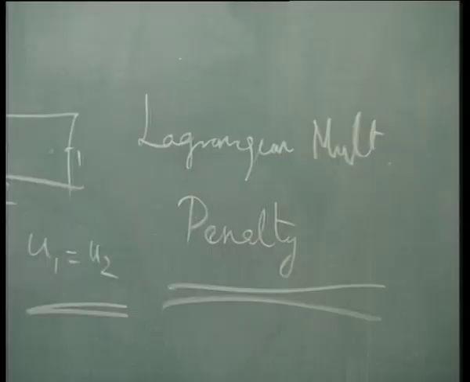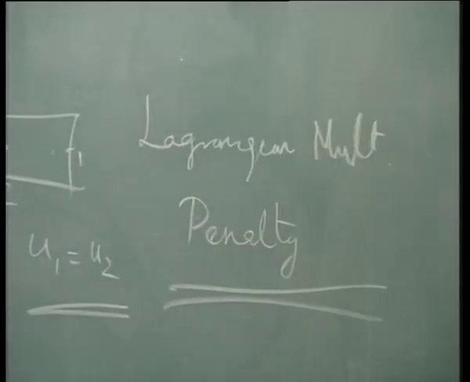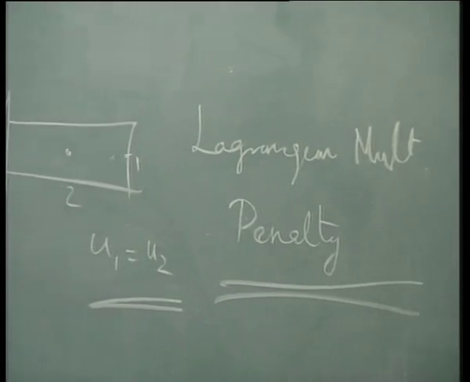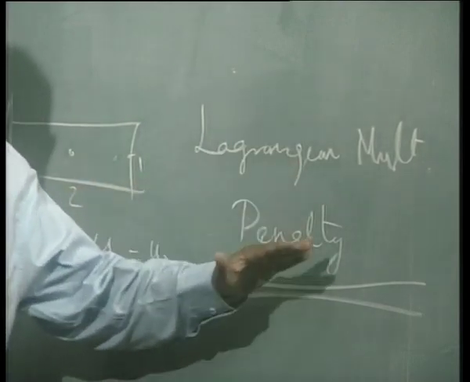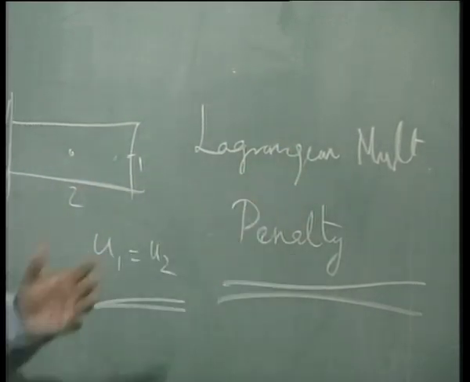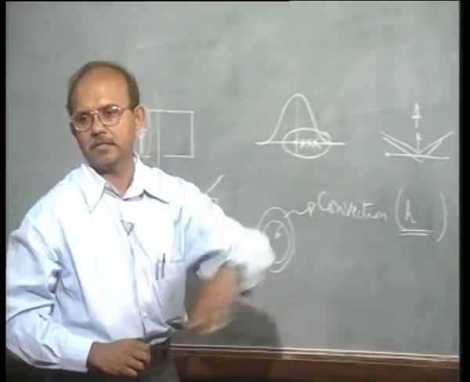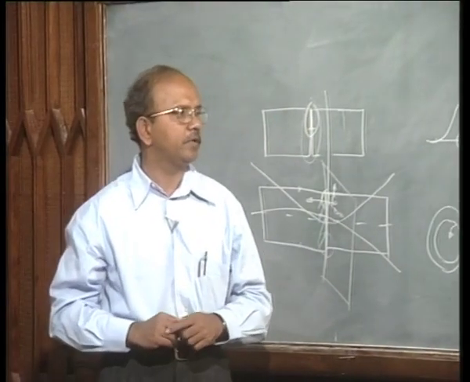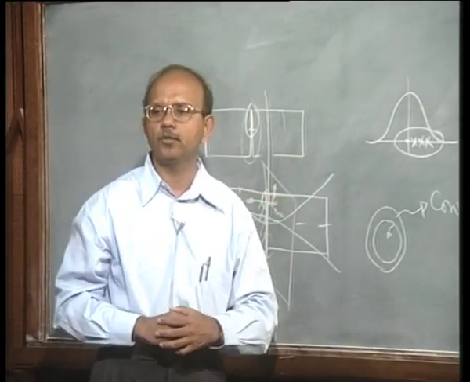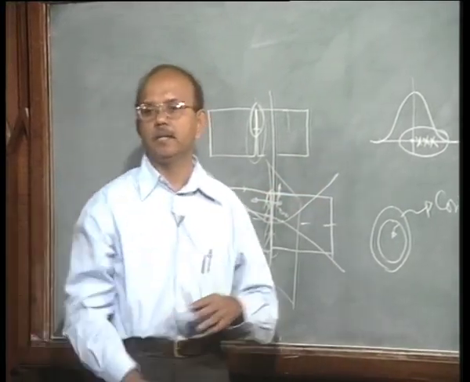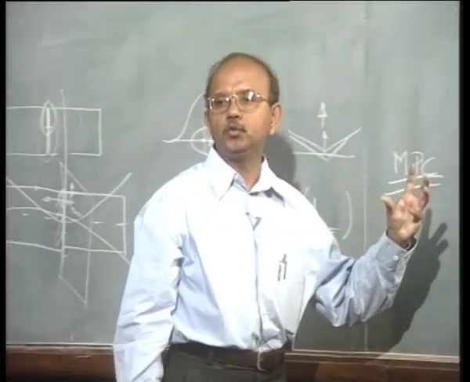So any constraints are handled by means of Lagrangian multipliers or penalty approach. We will not digress here because I want to come back and look at a few more things, but nevertheless in a later class we will explain what is Lagrangian multiplier and penalty approach and how you can put down MPCs. MPCs are a very useful technique.